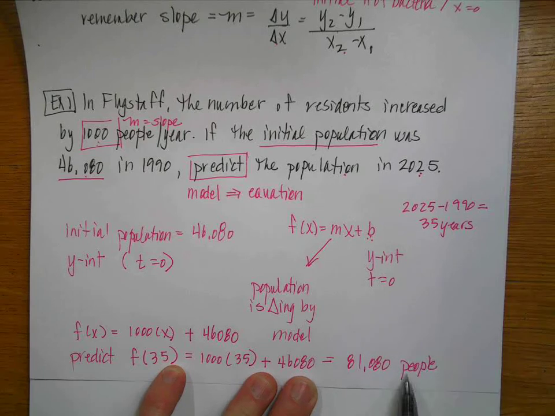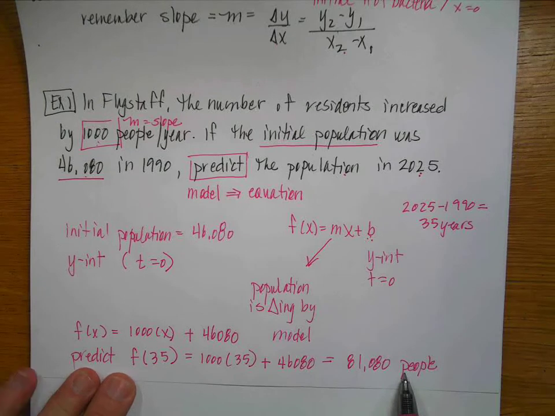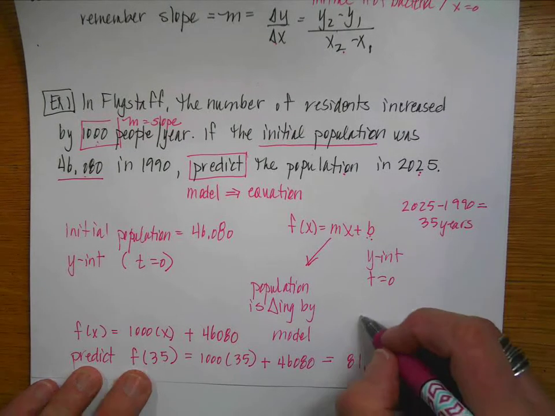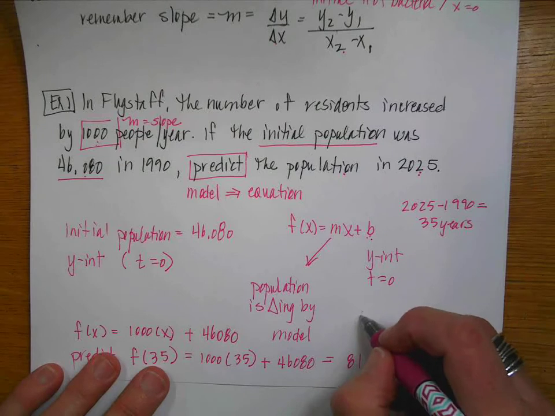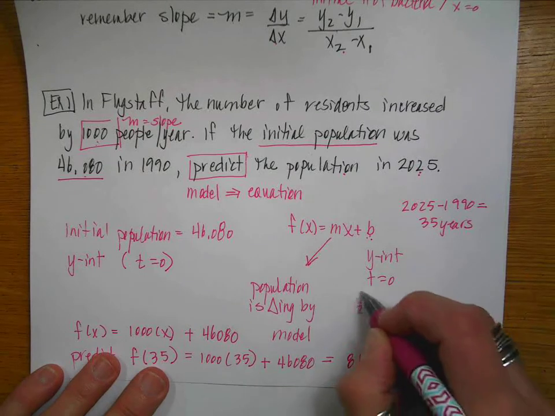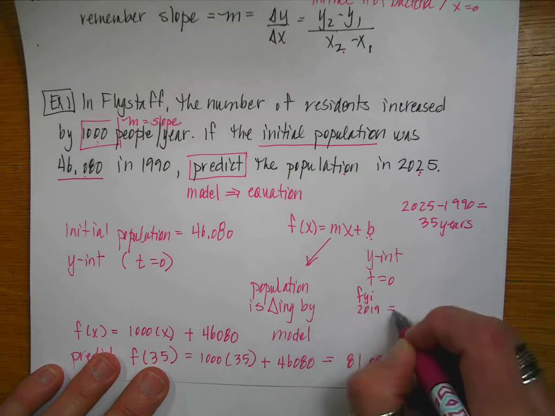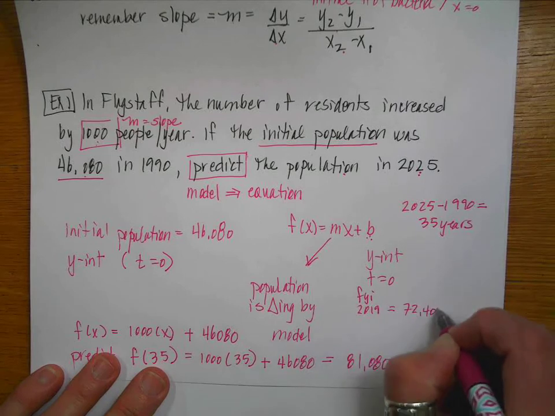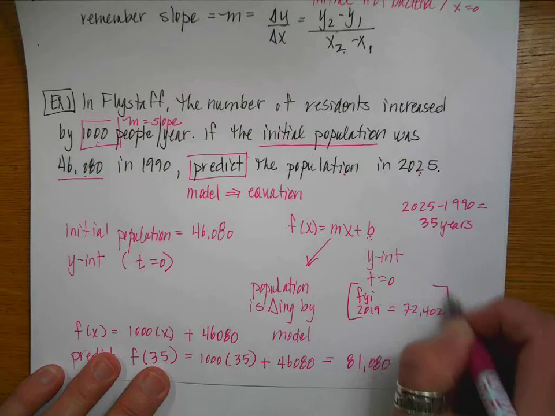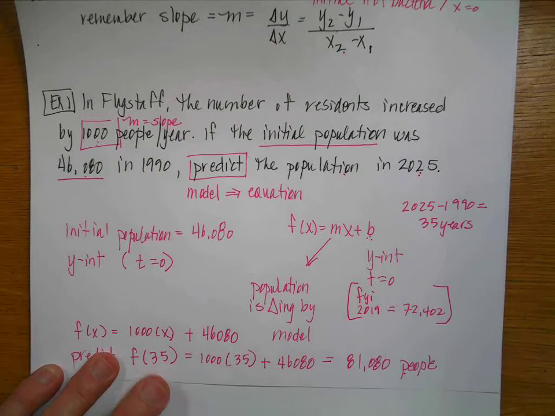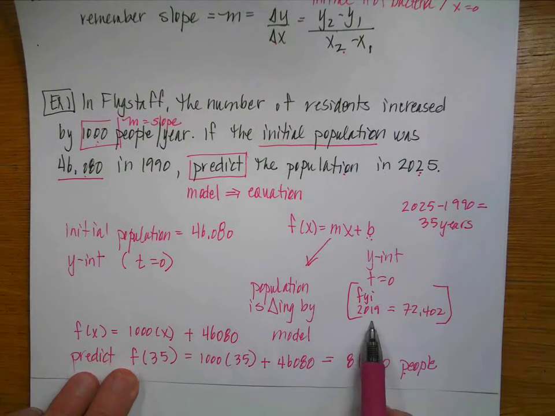And remember, we always want to include the units, okay? Alrighty, and just so we can check what happened, the actual population in 2019, this is just information, was 72,402, and this came from some news source. This is just fun information.